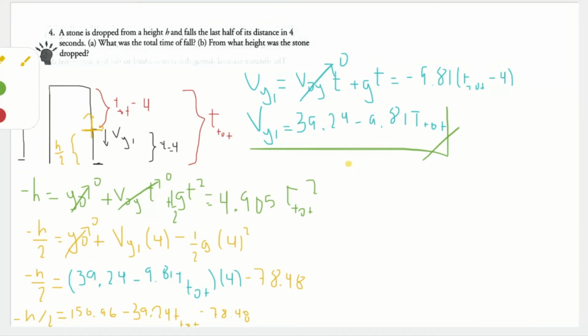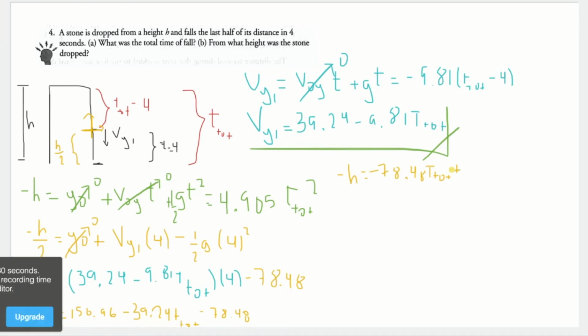So then we will have that negative h equals, if we multiply everything times 2, negative 78.48 t tot, because that is multiplying 2 times this term, and then we subtract this term and multiply times 2, and we will have again a positive 156.96.